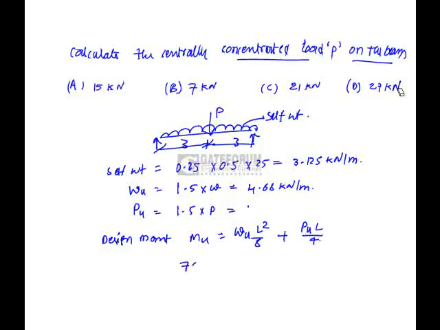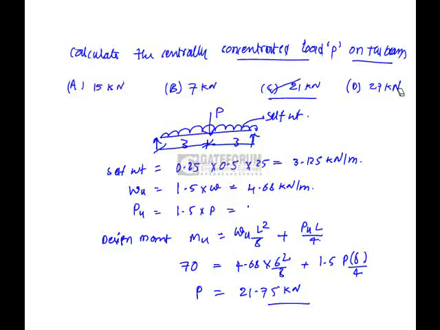Mu is 70 from the previous question: 4.68 into 6 square by 8 plus 1.5 P into 6 by 4. Therefore, P is equal to 21.75 kilonewtons. Almost in the given options it is very near to 21, so option C is correct.